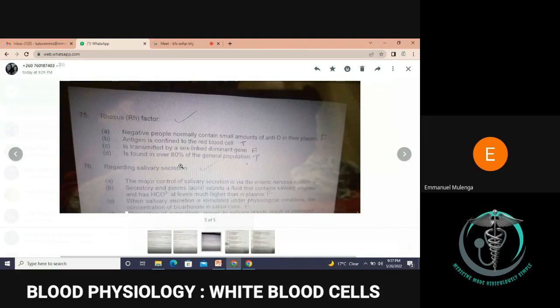My answer is false. The reason is that the antigen D is only present in Rh positive people. Okay. Is there anyone who argues or do we all agree with him?